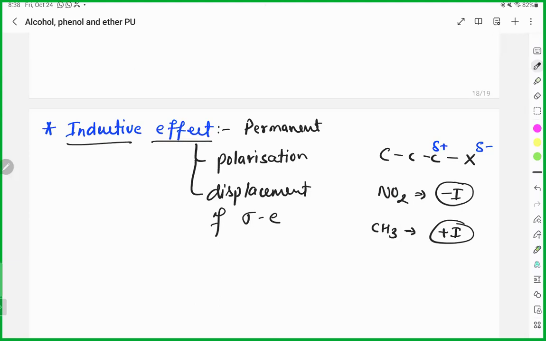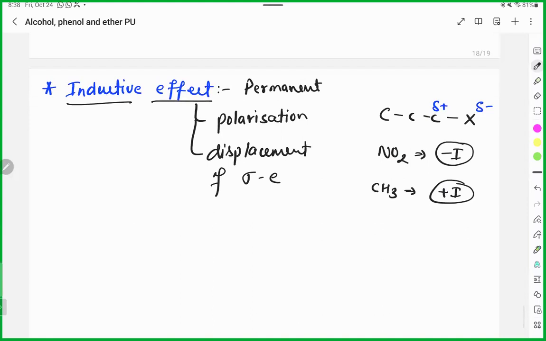No, sir. My purpose in talking about inductive effect is that it is distance dependent. What does it mean, Samarth? Sir, after 2 or 3 carbons, it becomes ineffective. Exactly. It means you can see this impact in the short distance.